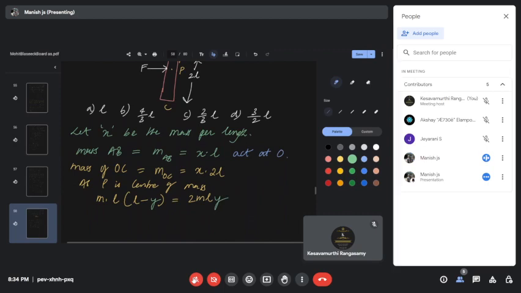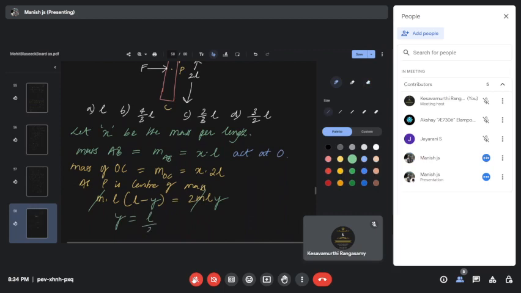So go for a simplification. When you simplify on both sides, we have m getting cancelled off. So that goes away. The x term doesn't come into the picture here.